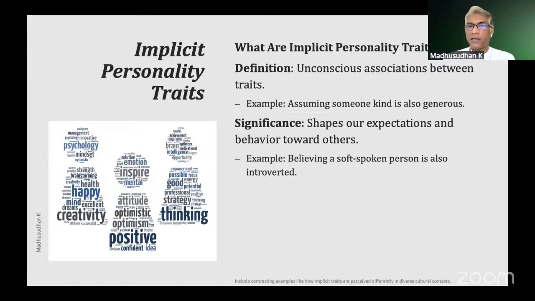If you ask something, they answer and sit quietly. You feel that they're introverted, maybe they don't want to mix with anybody, and you assign certain qualities, traits to that particular individual. So this is why it is significant: it shapes our expectations and behavior towards others.